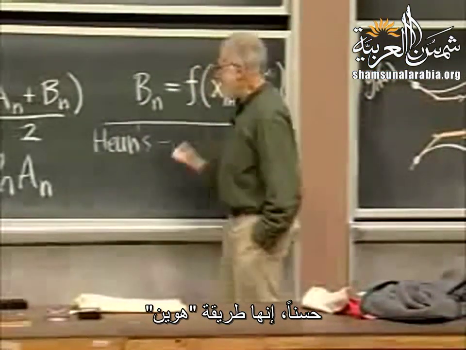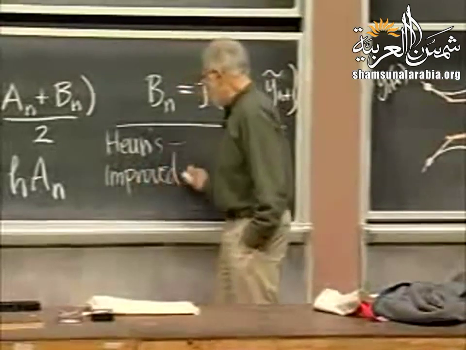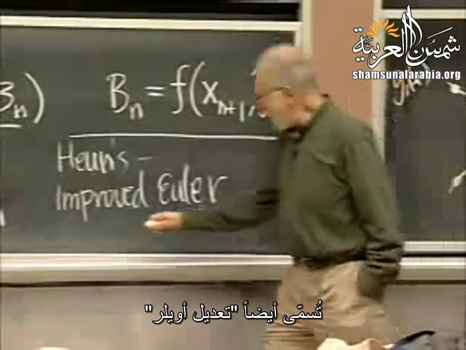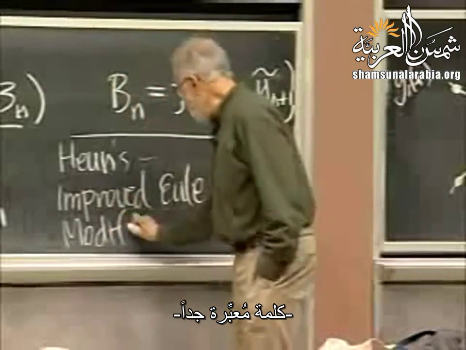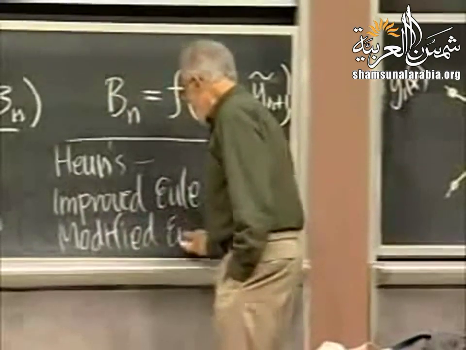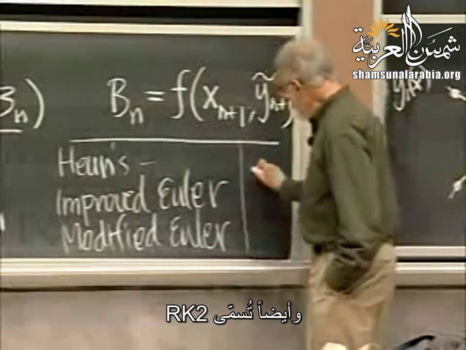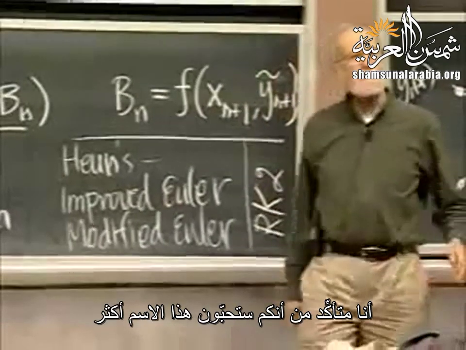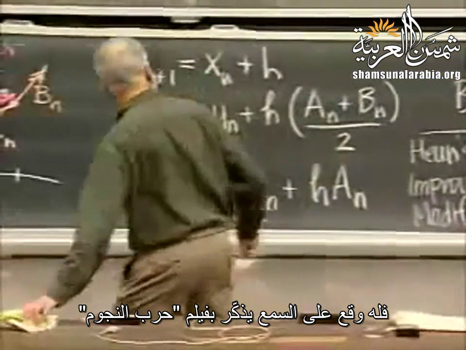It's also called the improved Euler method. It's called modified Euler, a very expressive word. And it's also called RK2. I'm sure you'll like that name best. It has a Star Wars sort of sound to it.